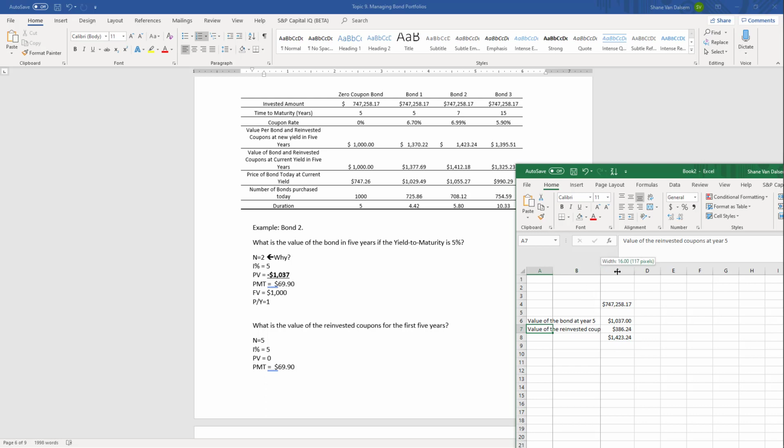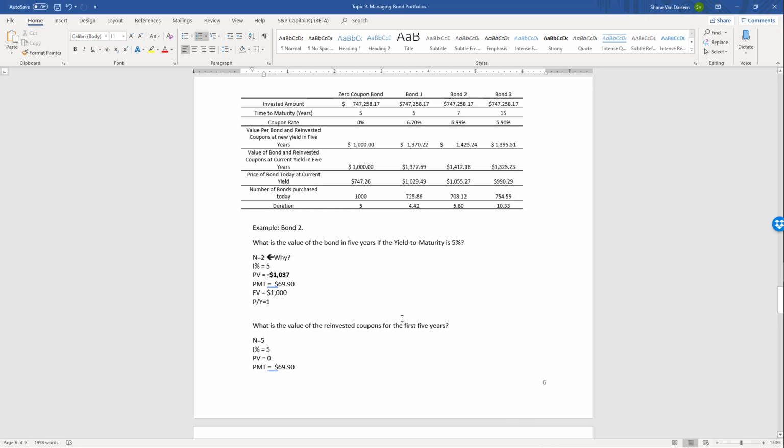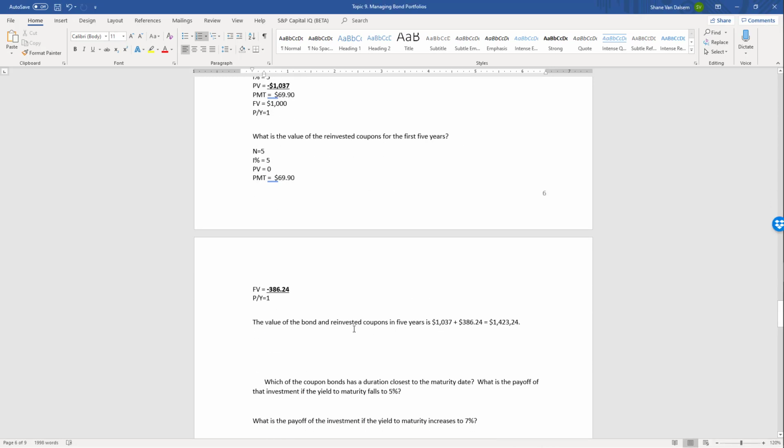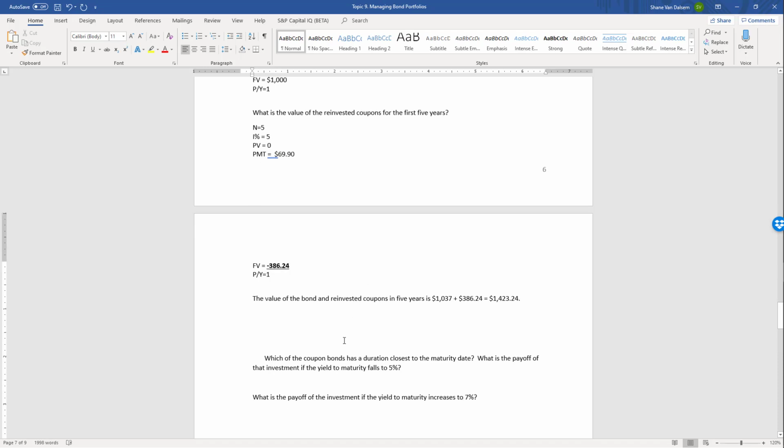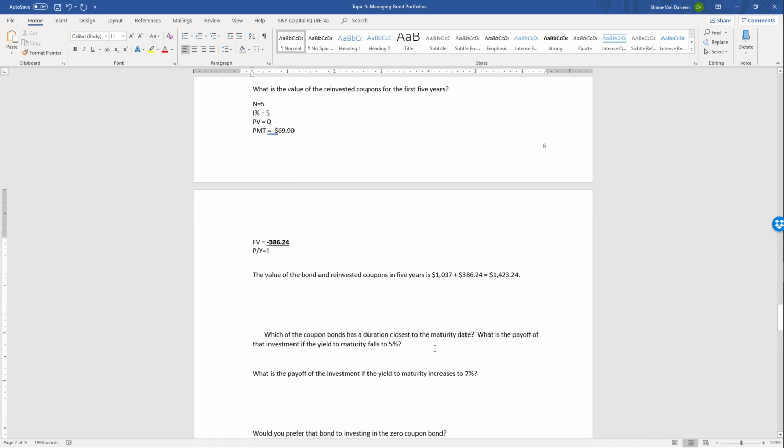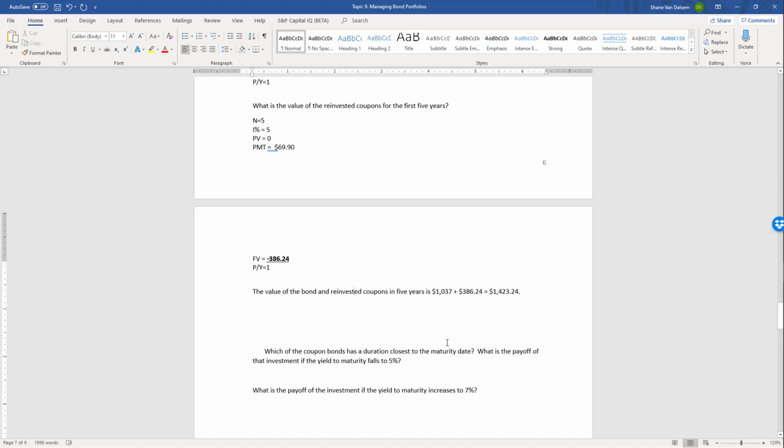So at year 5, the total value from that bond is $1,423.24. And that's what I have down here. The value of the bond and reinvested coupons in 5 years is $1,423. And I apologize, there's a mistake there. It should say 0.24.